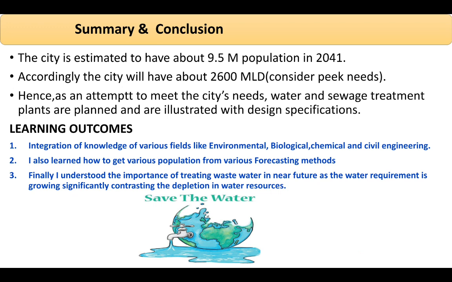The learning outcomes from this course are the integration of knowledge of various fields like environmental, biological, chemical, and civil engineering. I also learned how to get the population from various forecasting methods, and I finally understood the importance of treating wastewater in the near future, as the water requirement is growing significantly, in contrast to the depletion of water resources. So we should save water as much as we can.